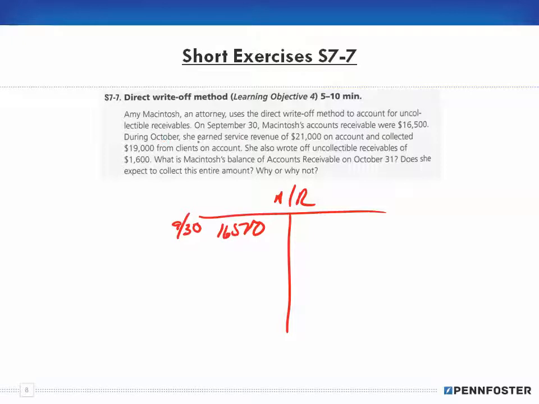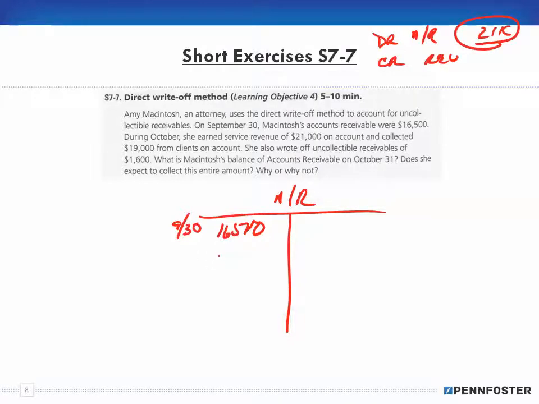Then it says during October she earned service revenue of $21,000 on account, meaning she had however many customers, and whenever she had a customer, she extended it on account. So she was debiting her accounts receivable and crediting her revenue account, right? And the total of all of those transactions ended up being $21,000 for her accounts receivable.